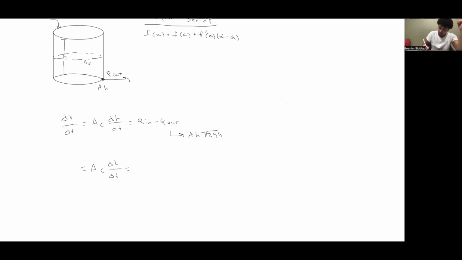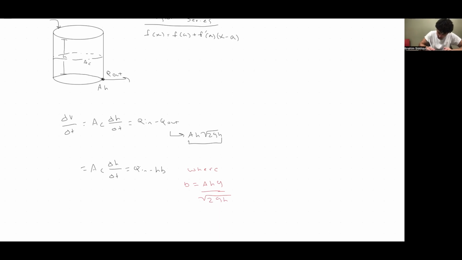We're again going to have Qn, but for this term right here, we're going to write it as B times the square root of h, where B is equal to the cross-sectional area of our hole times the square root of 2 times gravity.